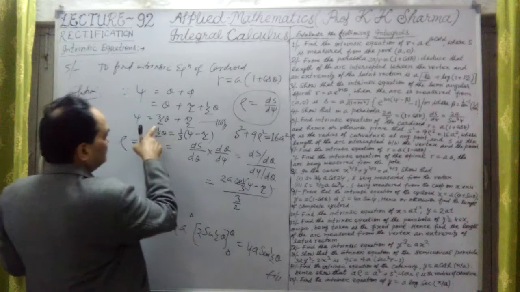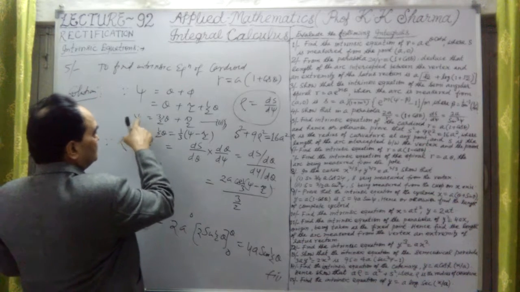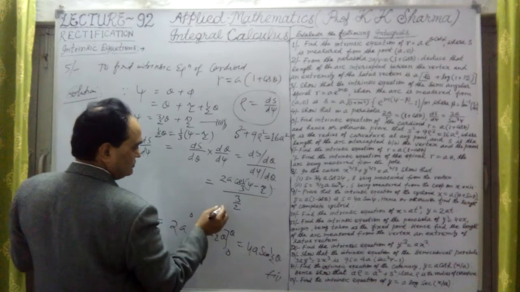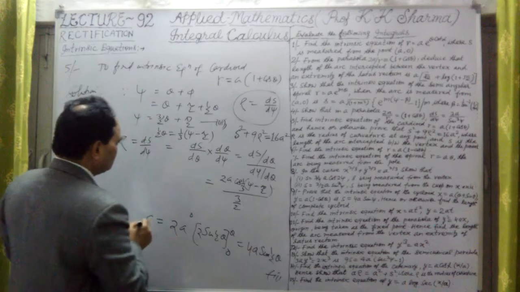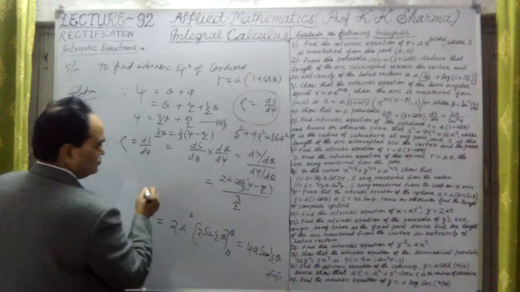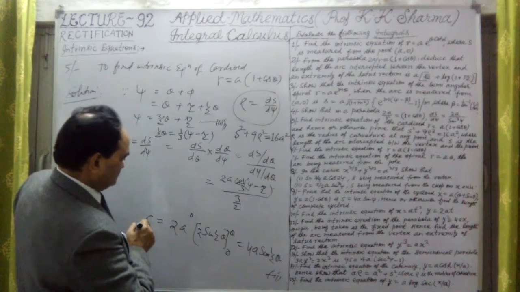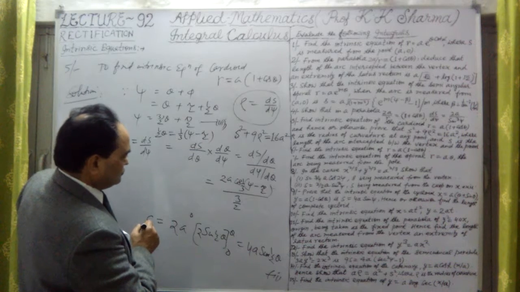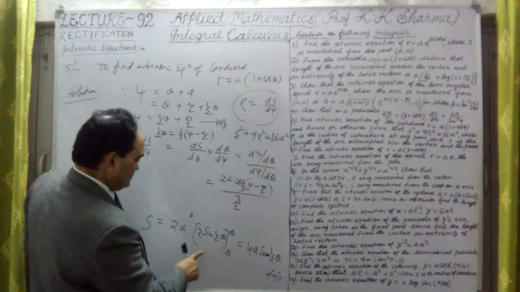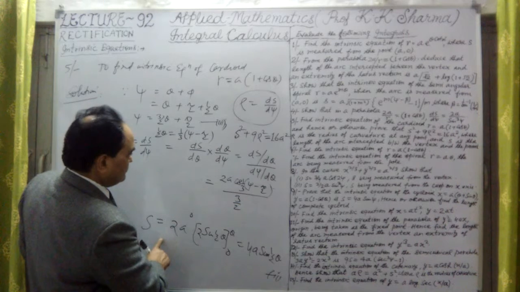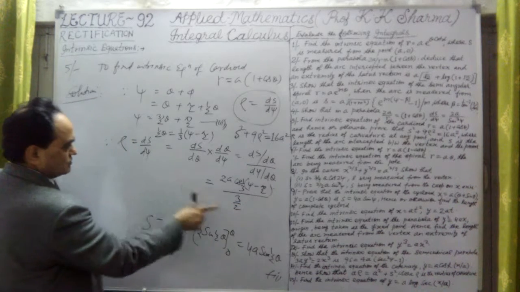If I find it from here, d psi upon d theta is 3/2. So this is 4/3. Therefore rho is equal to, so rho equal to, now ds upon d theta divided by 3/2.